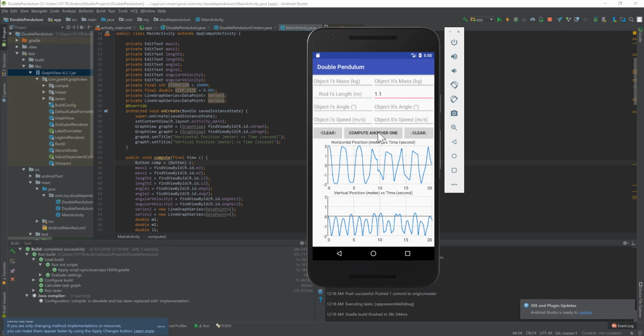As you can see here, at the very beginning the graph still looks quite similar, but as it continues to move, the graph looks very different. There's a huge difference between them, which is chaotic behavior.